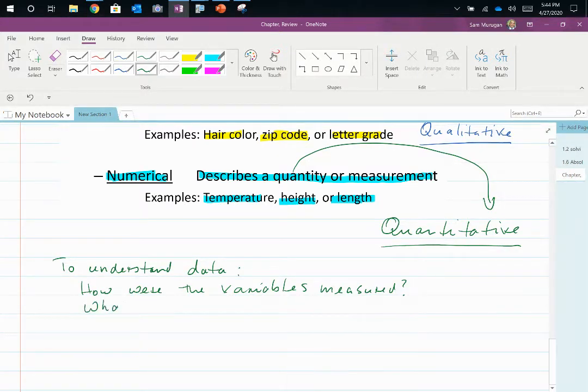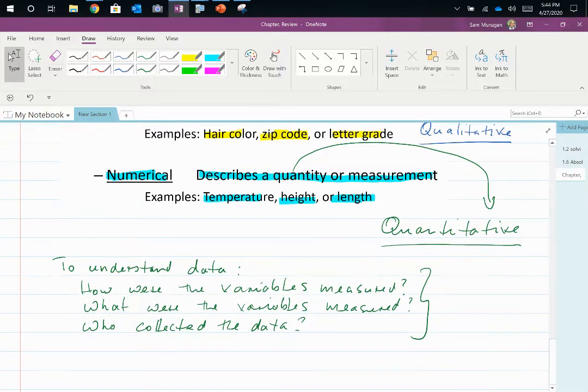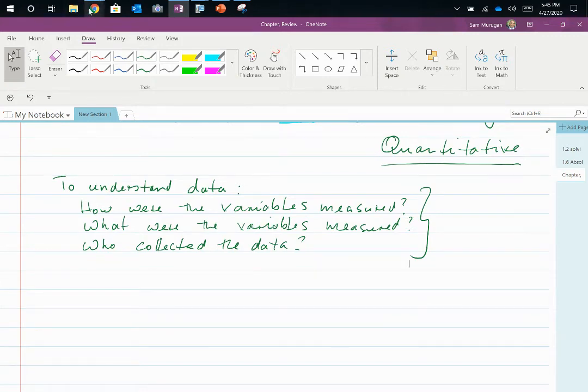What were the variables measured? And who collected the data? Was it somebody who was biased, or was it somebody who tried to be as neutral as possible? These are three important questions that have to be asked when you consider understanding a set of data that's given to you.